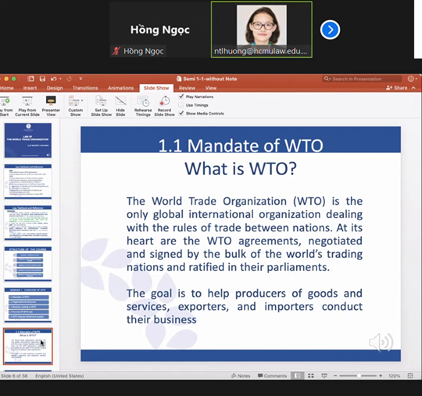And so that is the reason why we have to prepare the knowledge about the organizations and how the system can put the effect on the world trade. And our country is also a part of that kind of system.